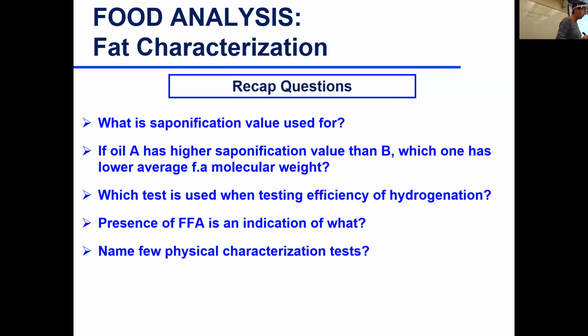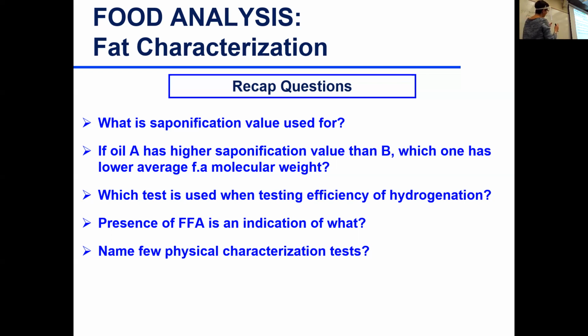I said it incorrectly. So if it's a large molecular weight, there will be less number of moles per 1 gram of sample. Because there will be less number of moles per 1 gram of sample, I will need less KOH to saponify, because it's 1 to 3 moles.